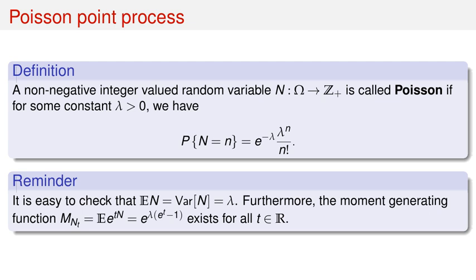A quick reminder about Poisson random variables. It's easy to check that the expectation of n equals the variance of n, and both are equal to lambda. Furthermore, the moment generating function m sub n of t, which is the expectation of e to the power tn, is e to the power lambda times (e to the t minus 1), and this exists for all real numbers t.